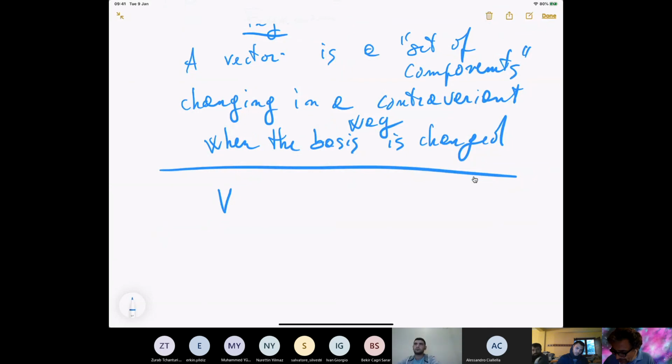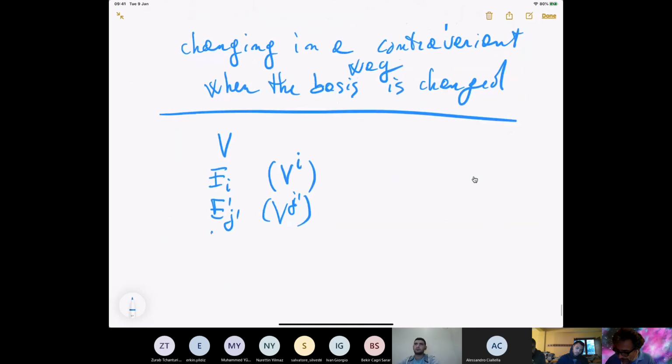When you fix the basis EI, it is the components VI. When you have E prime J prime, the components are Vj prime. And if you have E second J second, the components are Vj second, and so on.